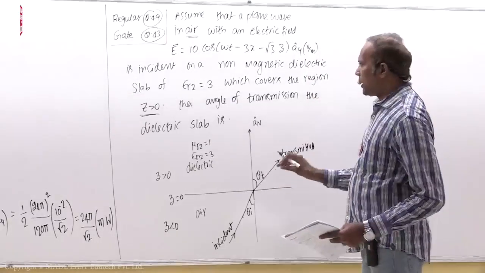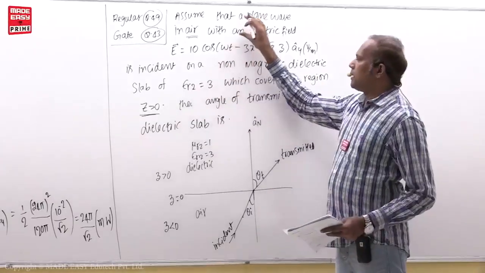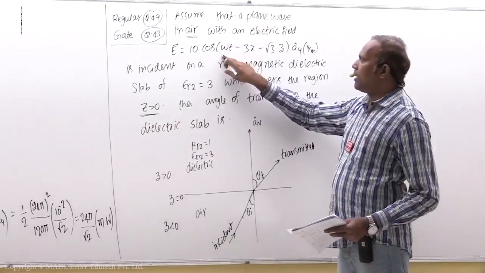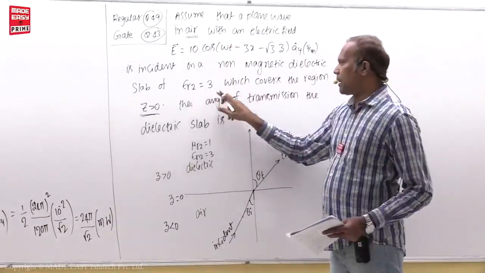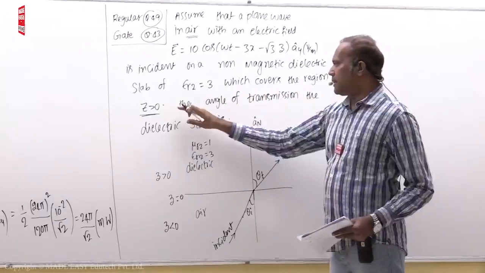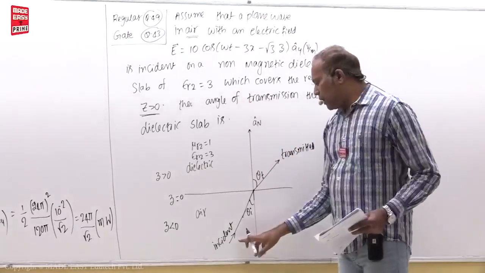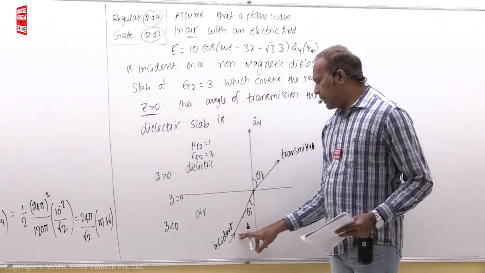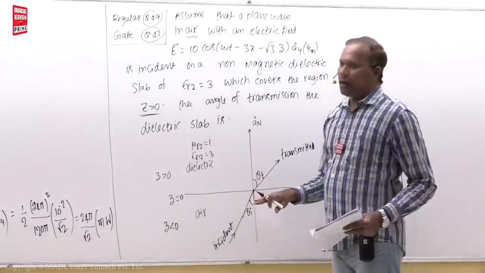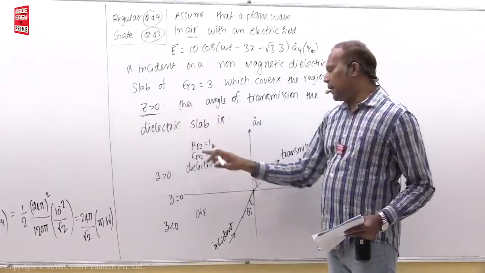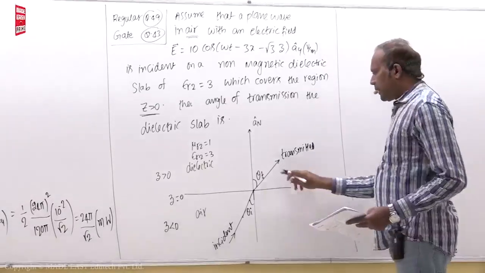See, dear students, here important point is this one. He is saying this EM wave having this much electric field traveling in air medium is incident on a non-magnetic dielectric slab of epsilon r2 is equal to 3, which covers the region z greater than 0. That means for z greater than 0, this is there. So whichever wave travels here in z direction hits this boundary, and then that crosses z is greater than 0. For example, x greater than 0 is given now, then you have to talk of x component here. Okay, now you have to find theta t.